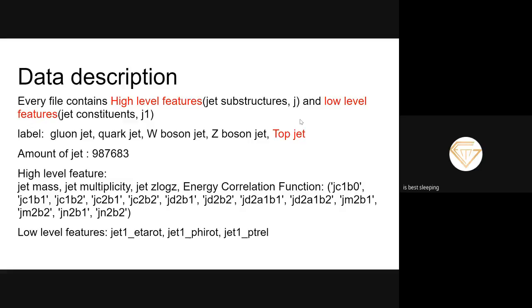We found that the amount of jets is large, like we show on the slides. For the high level features, there are 16 features: jet mass, multiplicity, and energy correlation functions. For the energy correlation function, there are 13 different features.